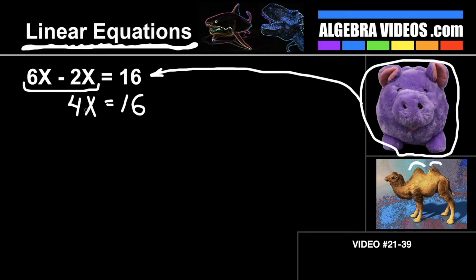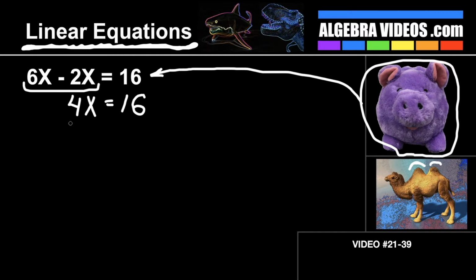Okay, 6 $5 bills minus 2 $5 bills is 4 $5 bills. So 6 minus 2 equals 4. 6x minus 2x equals 4x. And on the right side, I'm just rewriting the 16.